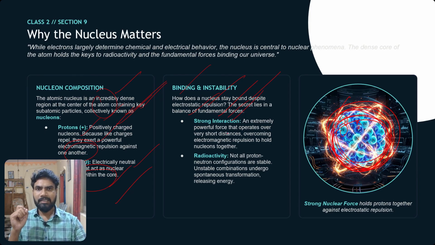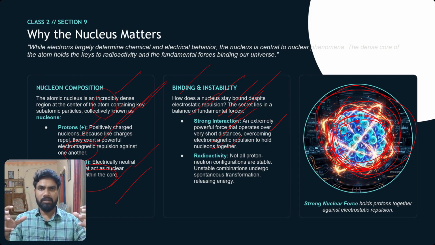This is an extremely powerful force that operates over very short distances, overcoming electromagnetic repulsion to hold the nucleons together. So there is a powerful force binding the protons together, and even though they are repelling each other with a lot of electromagnetic force, they are still bound together.